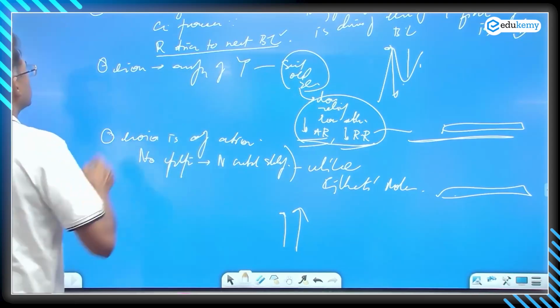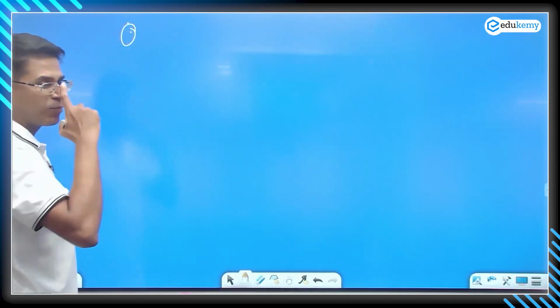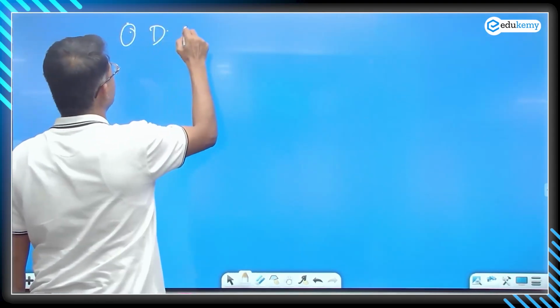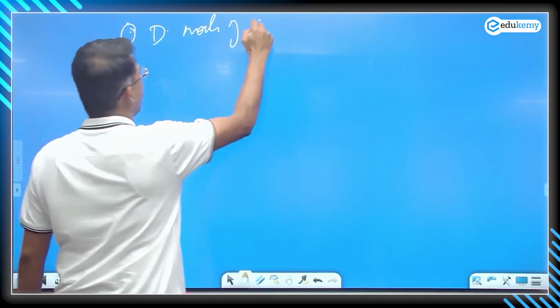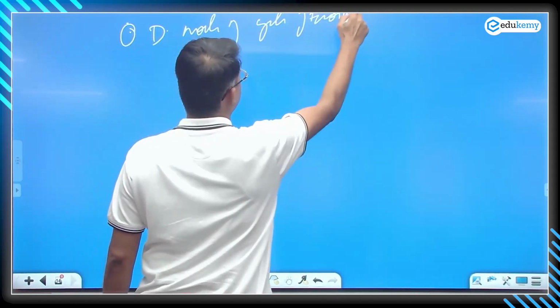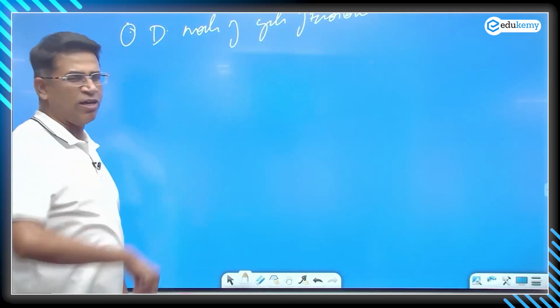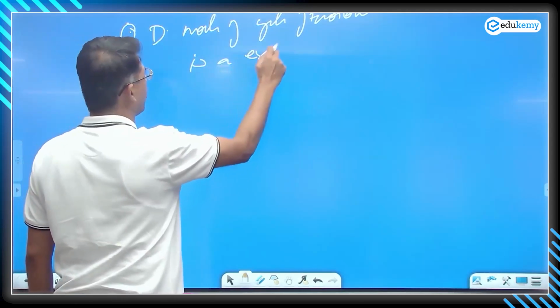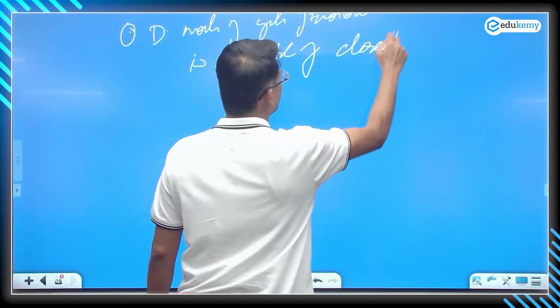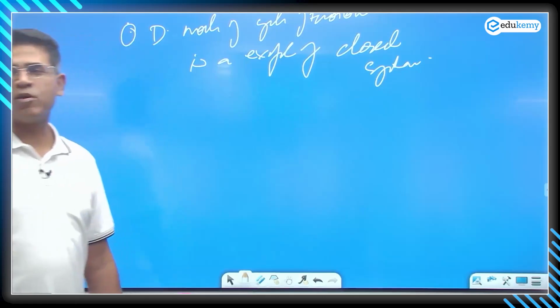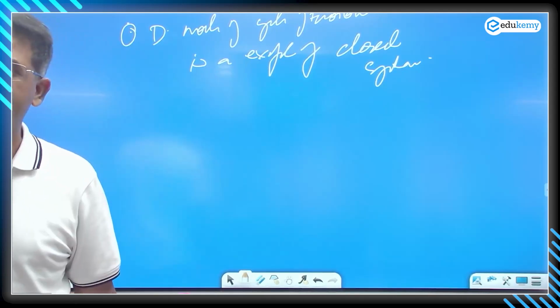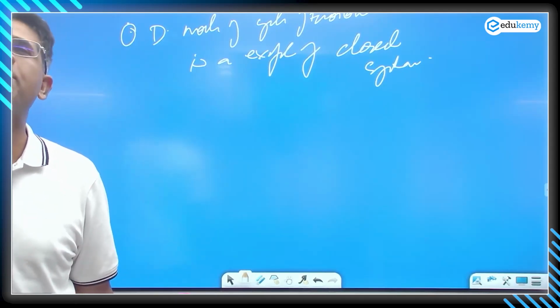Is it okay? The fourth point. Davis model of a cycle of erosion is an example of closed systems. Davis did not say this, but we understand that. It's an example of closed systems.